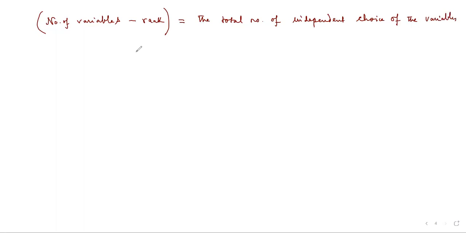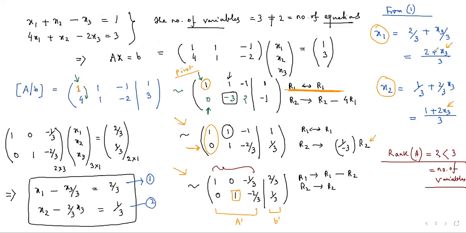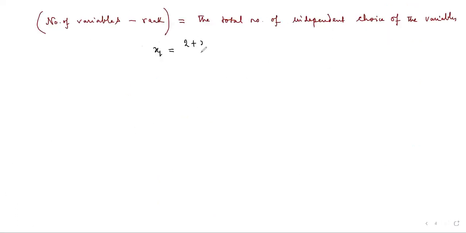So how many independent choices do you have here? You have one independent choice. Why? Because x1 has been written as 2 plus x3 by 3, and x2 has been written as 1 plus 2x3 by 3. Depending upon the choice of x3, you are going to find x1 and x2.